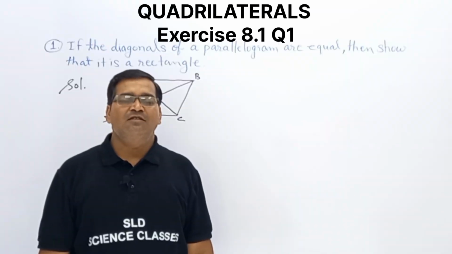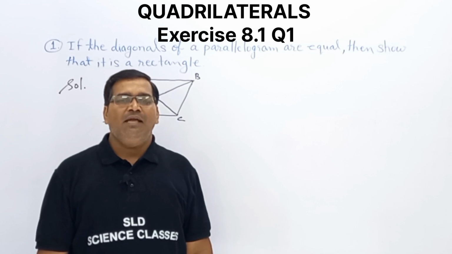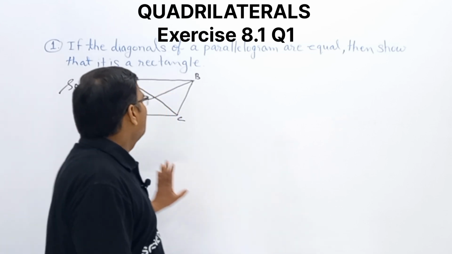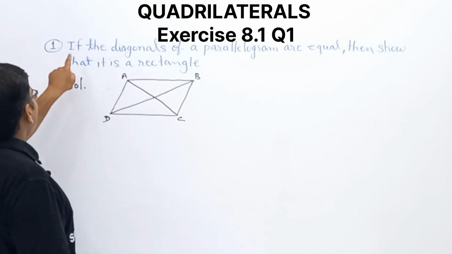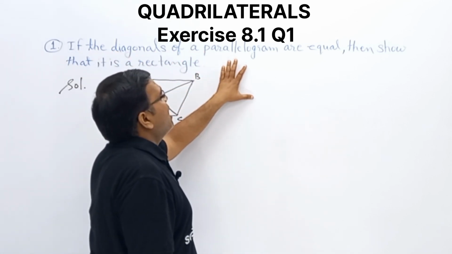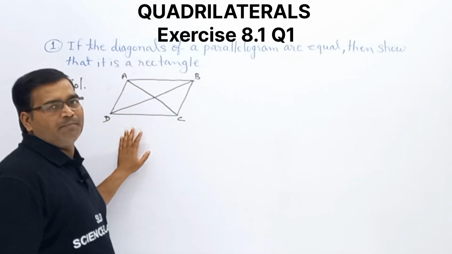In this class, we are going to discuss question number 1, exercise 8.1, quadrilaterals. Observe this question. If the diagonals of a parallelogram are equal, this is one parallelogram.